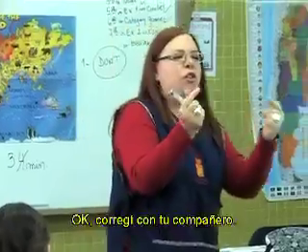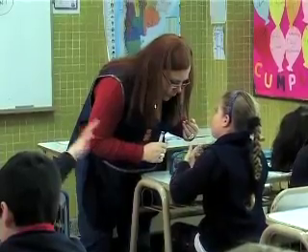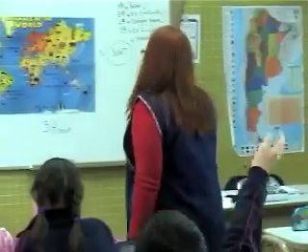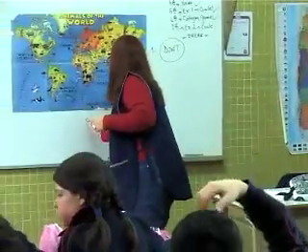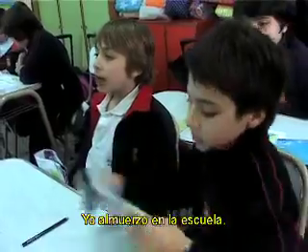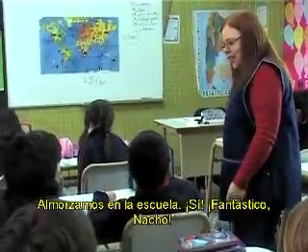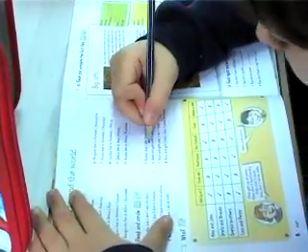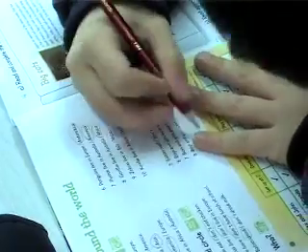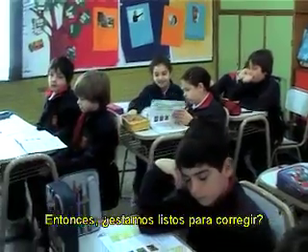Okay, check with your partner. Yes. 2 minutes. You should be checking if you have lunch at home. We have lunch at home. Yes, fantastic. Good job. Yes, you realized. 1 minute, and we check all together. So, are we ready to check?